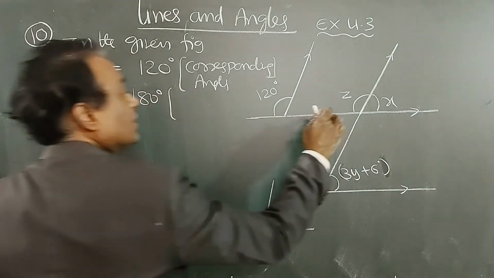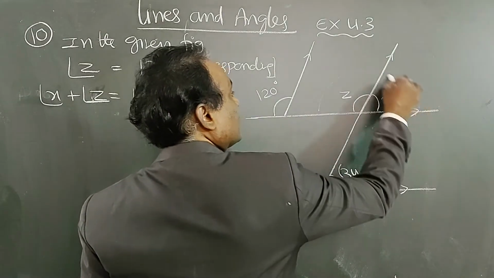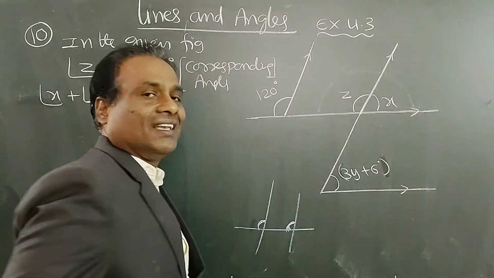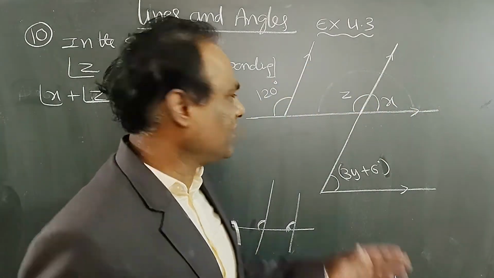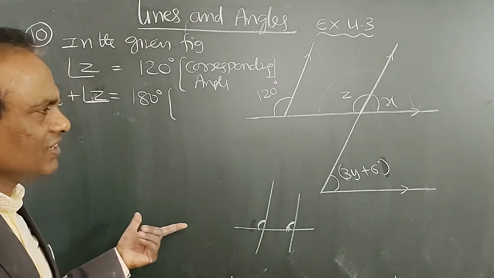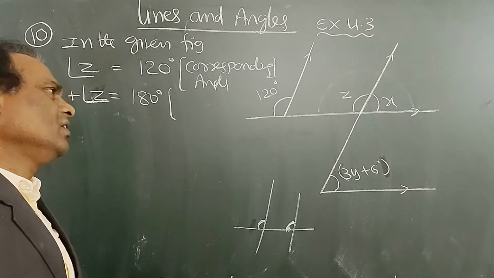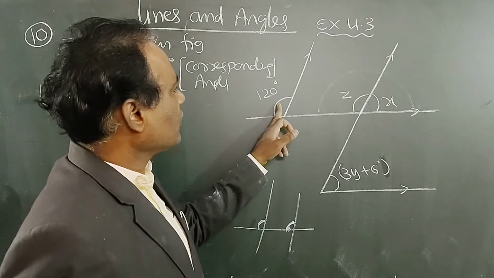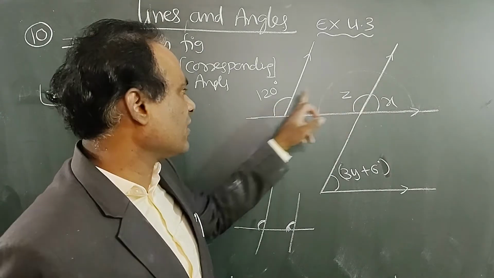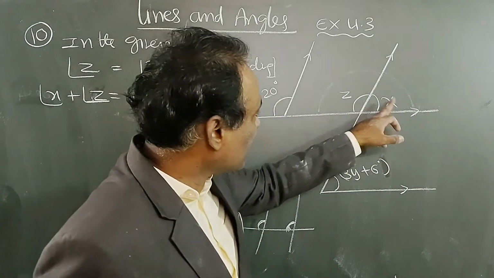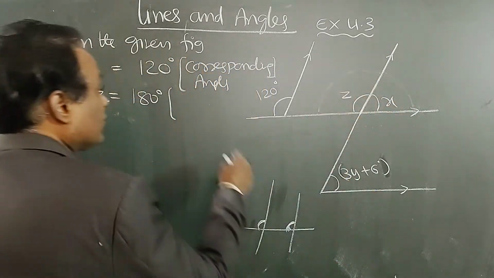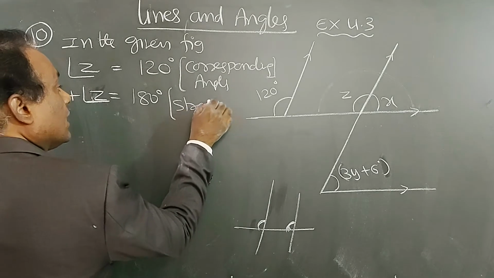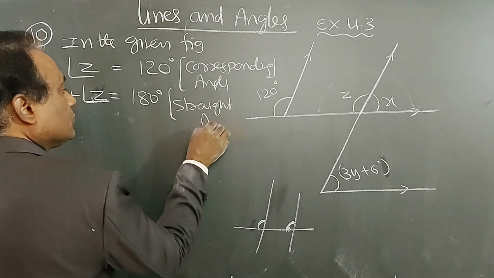The reason is straight angle, angle on a straight line. Various methods we can apply to solve this problem; it is not that you have to follow it like this. This is 120, which means this is also 120 because of corresponding angles, x and z. If you add these two angles, the total angle on a straight line is 180 degrees.